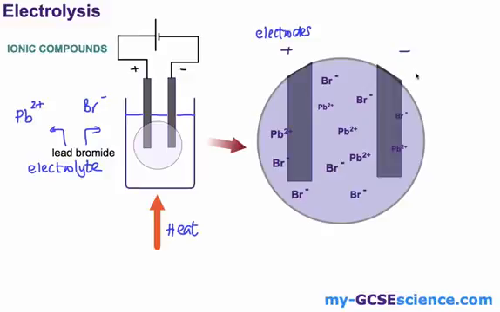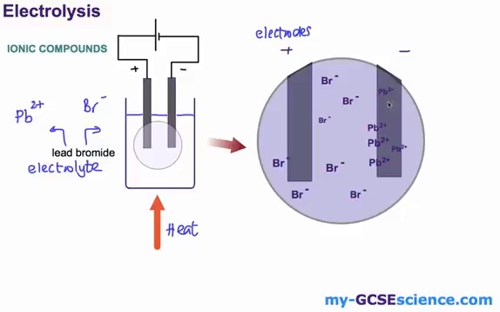Inside the electrolyte we have the ions that are free to move because the compound has been melted, and if we start off with the negative electrode, we've got positive lead ions there, and because they have a positive charge they will be attracted to the negative electrode.